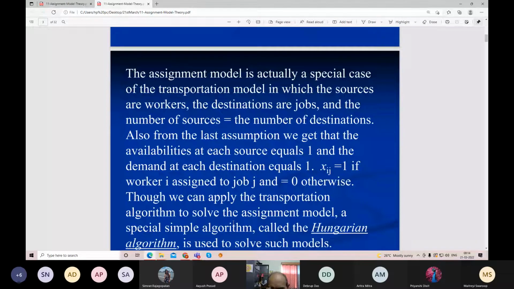Here our variables are binary: if you are assigning worker i to job j, then xij is 1, otherwise 0. We will learn the details of the algorithm.